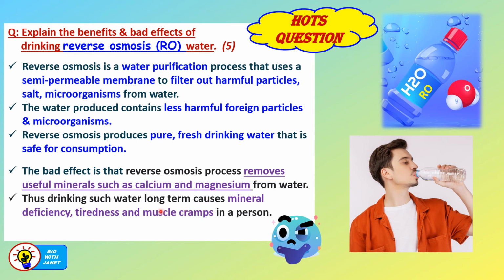So if you drink this RO water long term, it will cause mineral deficiency, lack of minerals like calcium and magnesium, as compared to drinking plain boiled water, which may contain more of these minerals, right? And this can cause tiredness, muscle cramps, and other symptoms in a person, right? So this is the bad effect of drinking reverse osmosis water, right?